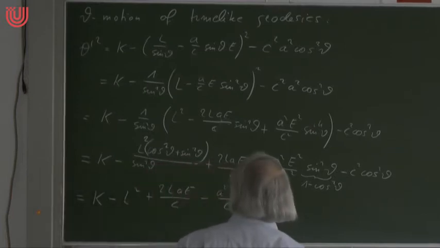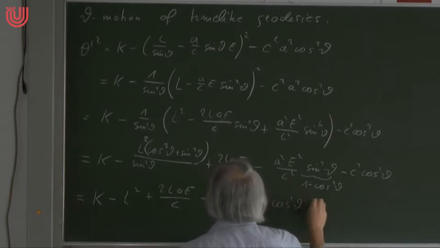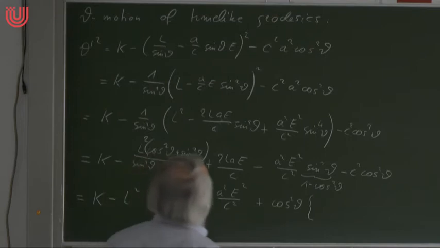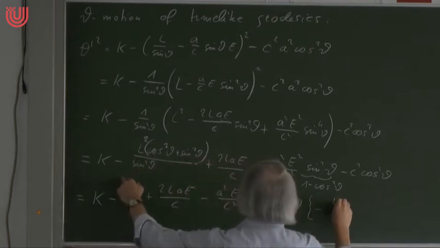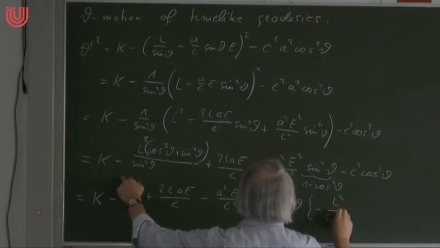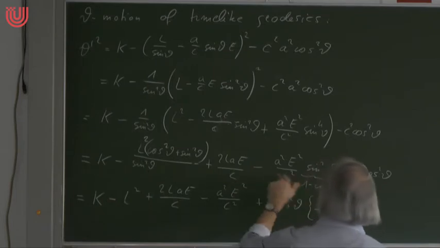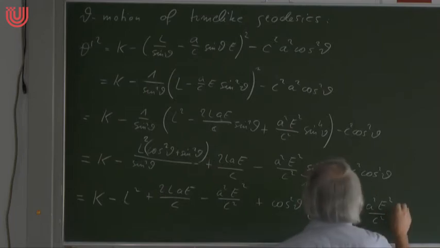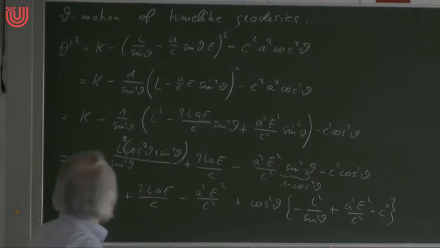And now the cosine squared terms. So I have minus L squared over sine squared theta. Minus gives plus A squared E squared over C squared minus C squared. Okay.